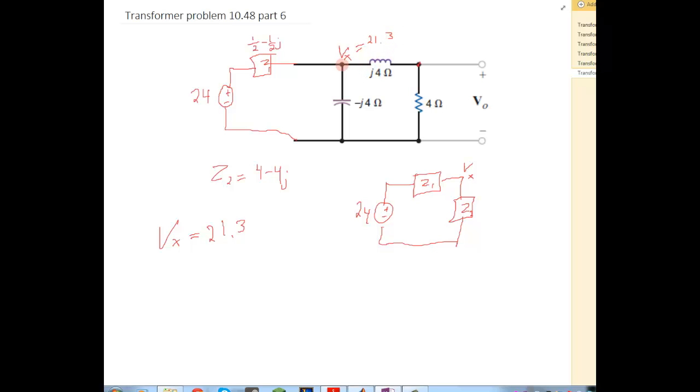Okay, so now that we know this is 21.3 volts, we can do another voltage divider to find V0. So that's going to be 4 over 4 plus 4j.